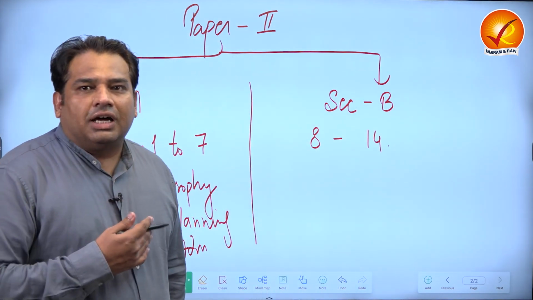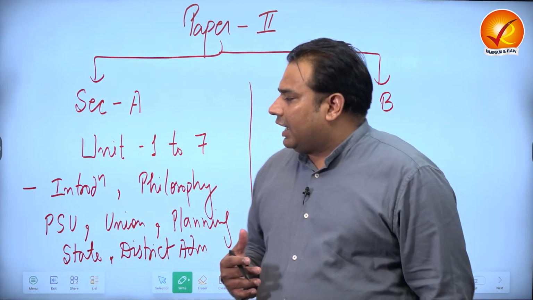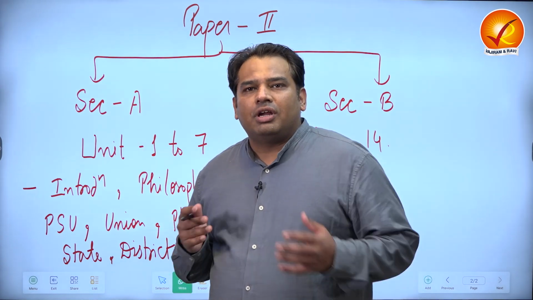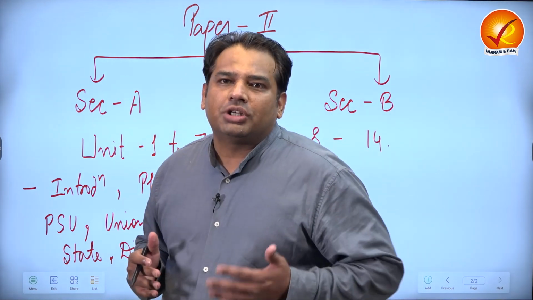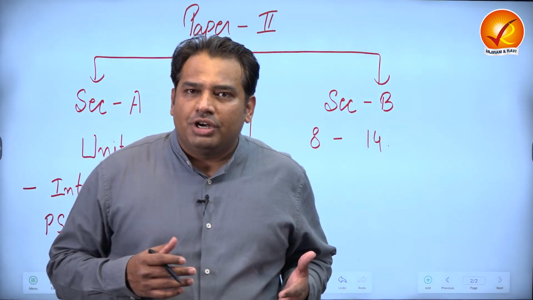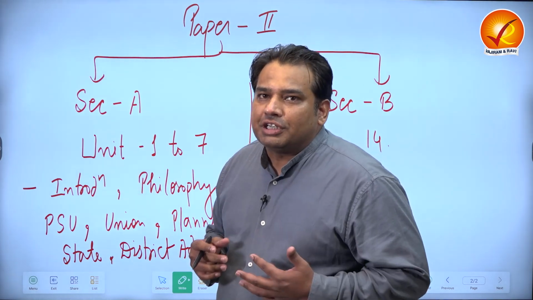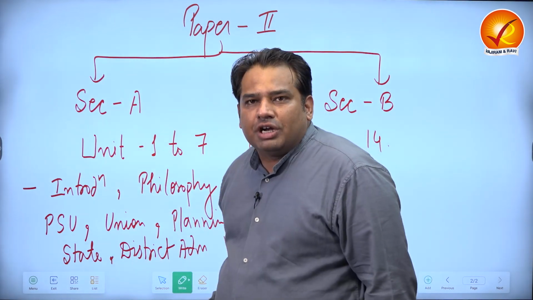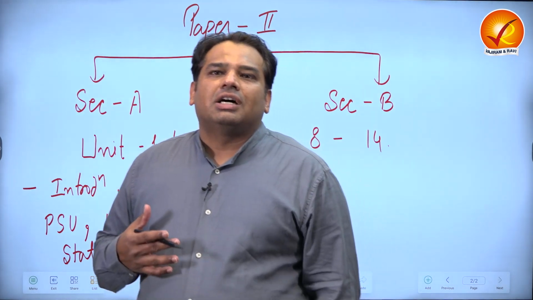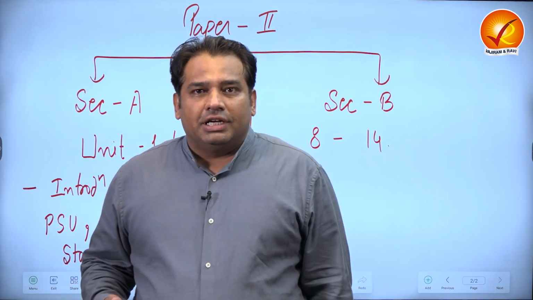These are the first 7 units in paper 2, and they will be directly helpful for coverage of the polity, constitution and governance portion, plus the plans and priority unit will be directly suitable even for GS paper 3. Out of these 7 units, unit number 1 is about Kautilya's Arthashastra, Mughal administration and the British legacy.